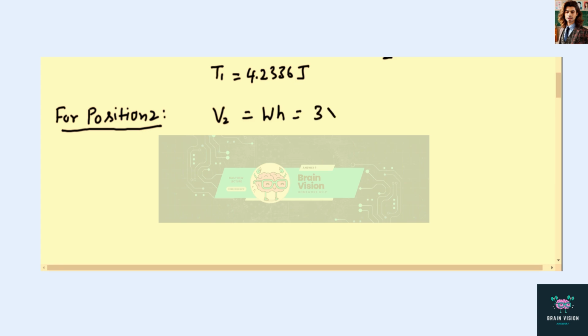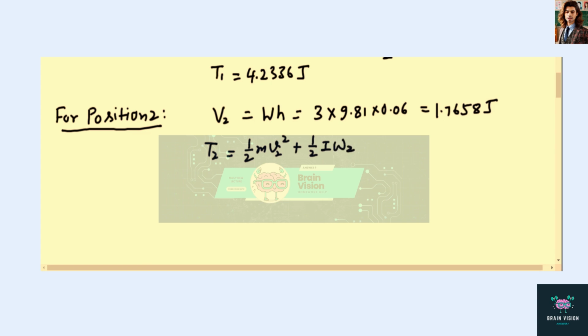Mass is 3, weight 9.81 into 0.06. So it would be 1.7658 joule, and kinetic energy at second position is half m v2 squared plus half I omega 2 squared.